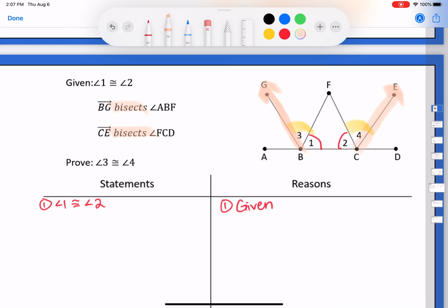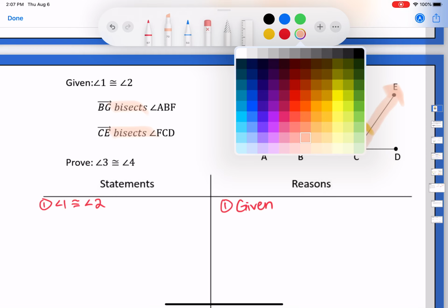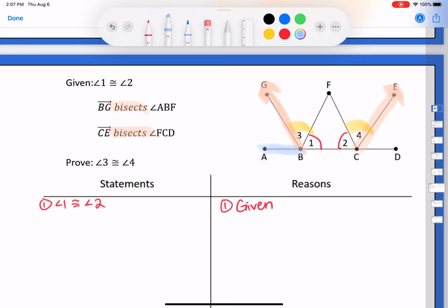Well, how could I get to this idea that these two big angles were congruent? Hey, ABF is supplementary to angle 1. FCD is supplementary to angle 2. And 1 and 2 are congruent. So I could go way back to 2 point whatever that was, 3, and use that theorem to help me get there on this one.